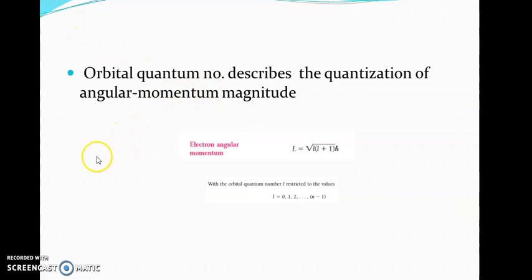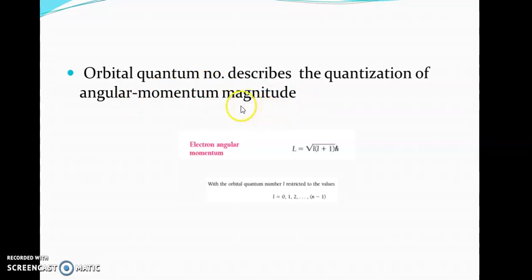Now summarizing the significance of the orbital quantum number. So the orbital quantum number describes the quantization of the angular momentum magnitude, or the quantization of orbital angular momentum magnitude.